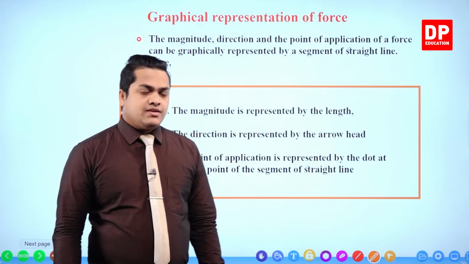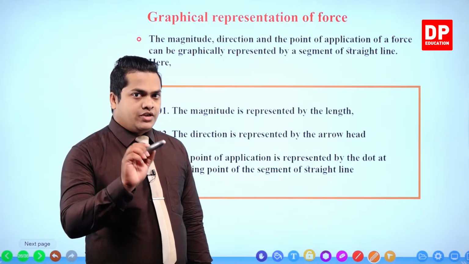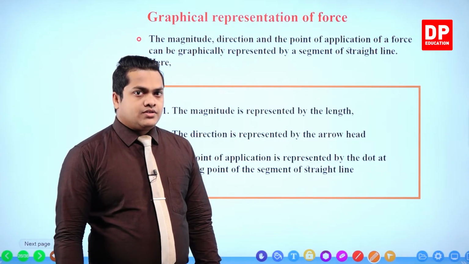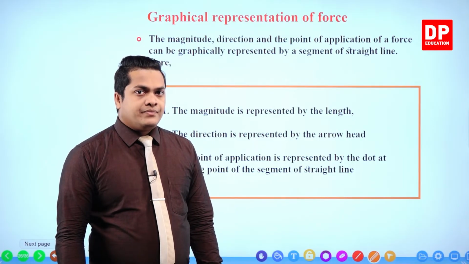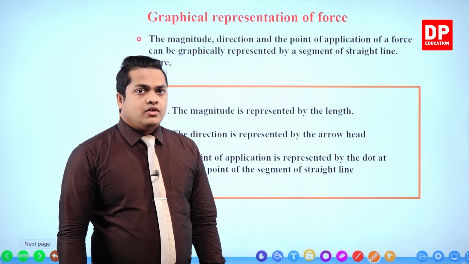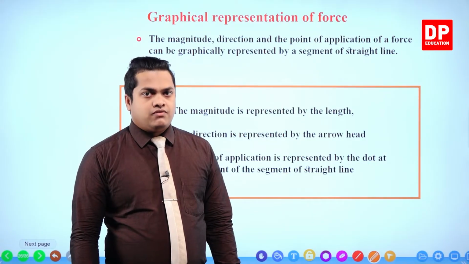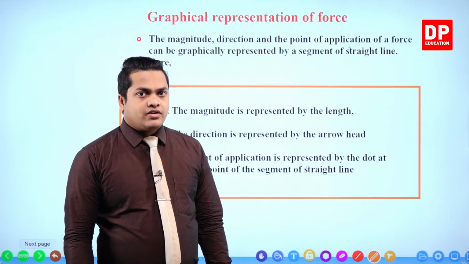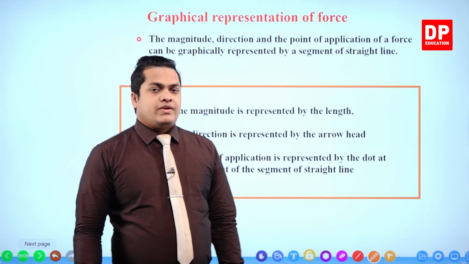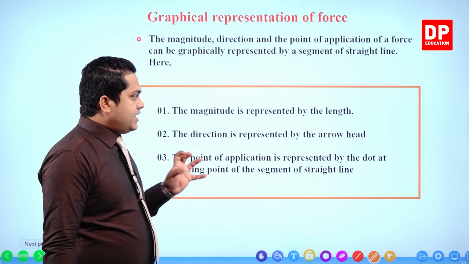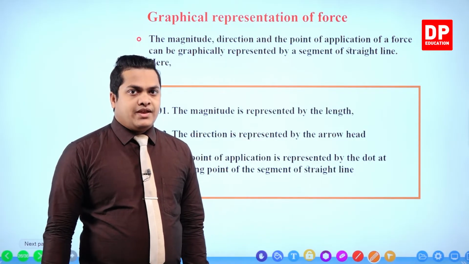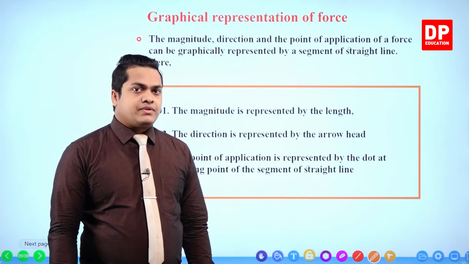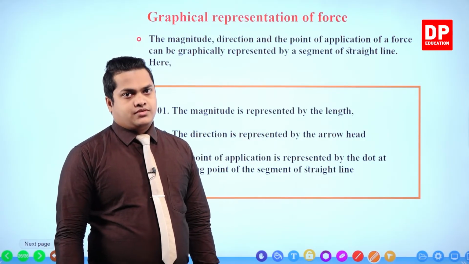At the starting position of the line segment, you put a dot, and at that place you can observe the object as well. That's the point of application of the force. So my dear children, these are the three main key components, and how to show them in the graphical representation of a force.